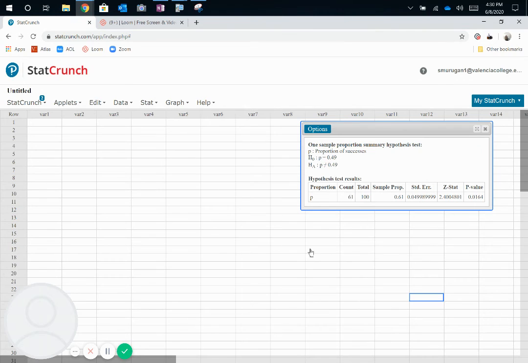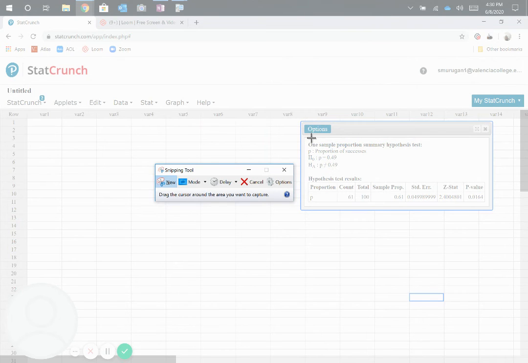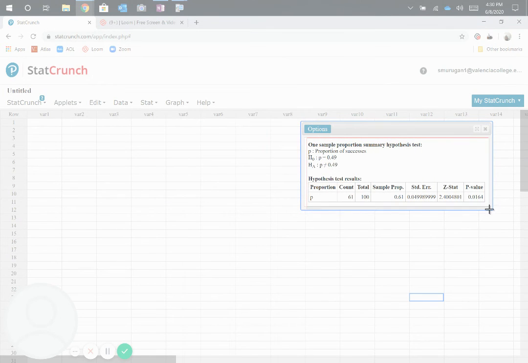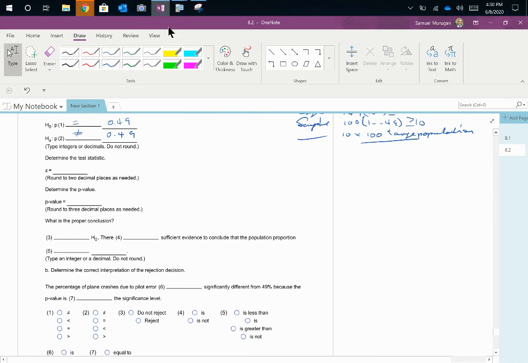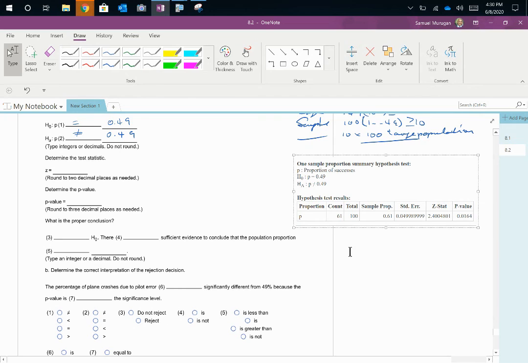And here we have it. So we're going to copy this, paste it over to our notes because we're going to use the answers here. Let's see if I can drag this over here. Yeah, I can drag it.